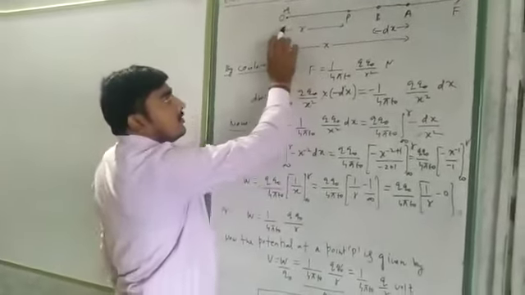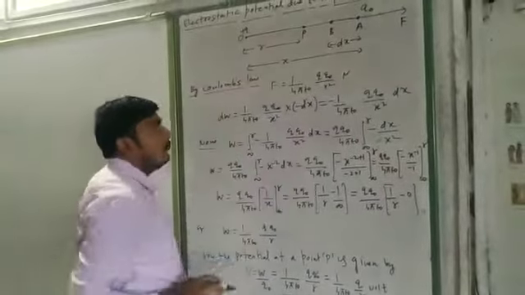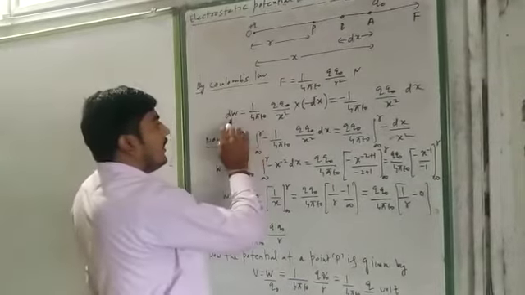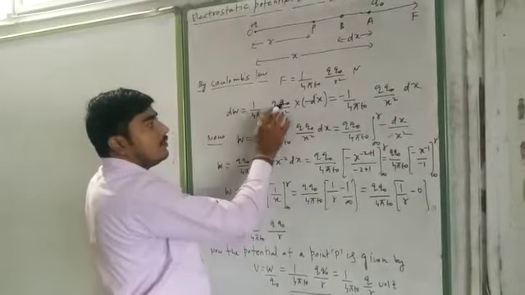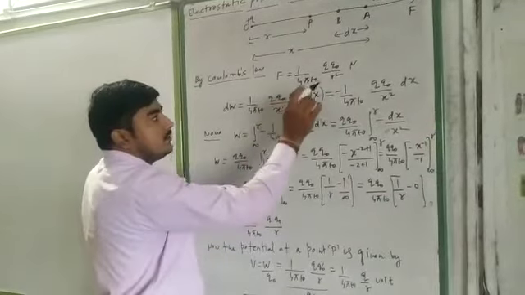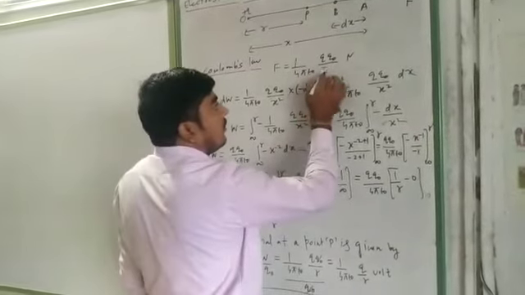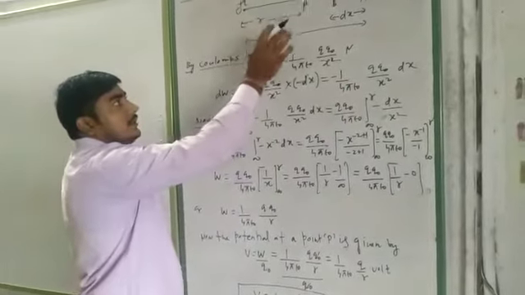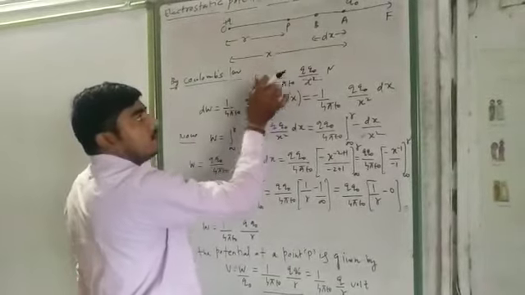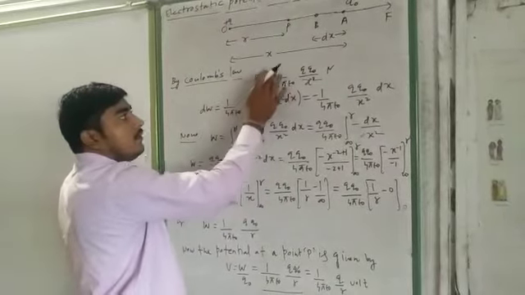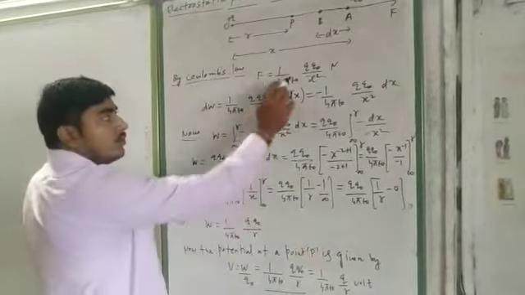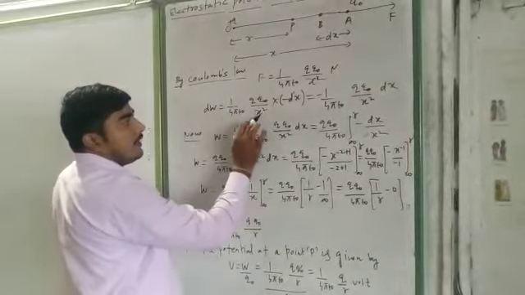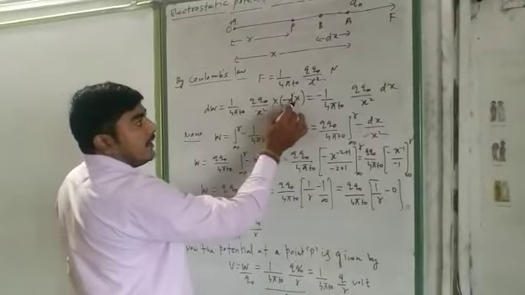X is the distance between A and the point charge plus Q situated at point O. This is x square, not R square, because the distance between the two charges is x, so by Coulomb's law F is equal to 1 by 4 pi epsilon naught Q Q naught by x square, into displacement minus dx.